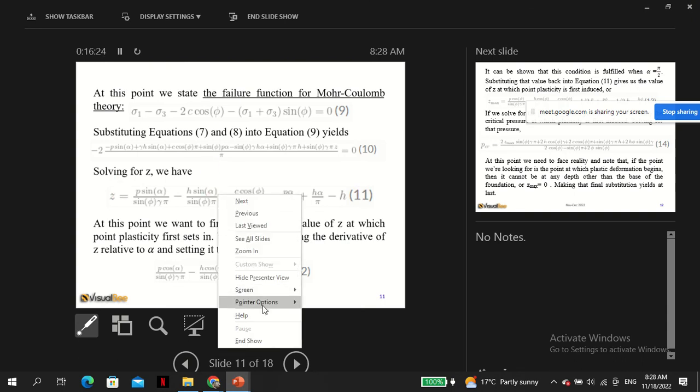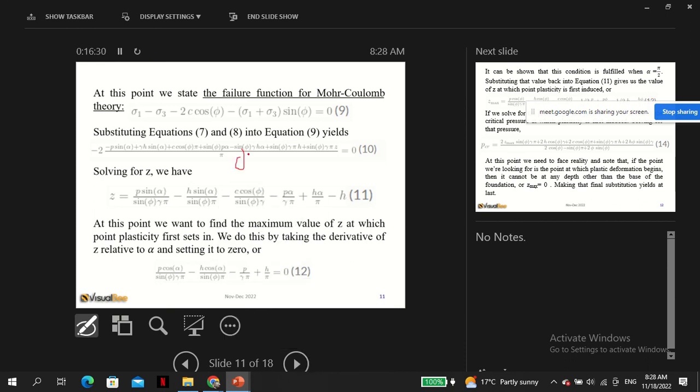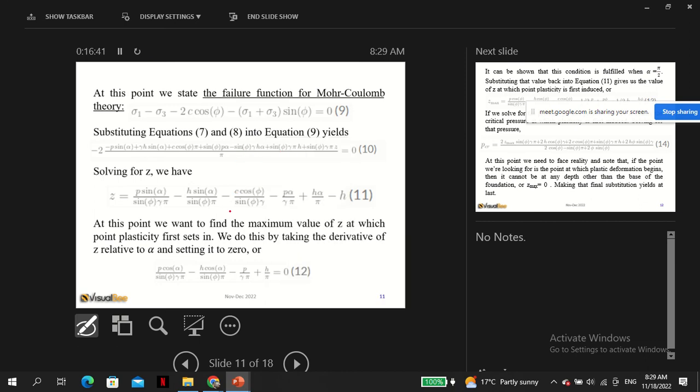Now here we are interested in making alpha equals 0. That's the point. So when we differentiate this equation, this is what we get. And if we try to solve this equation, we get that alpha in fact is pi over 2.